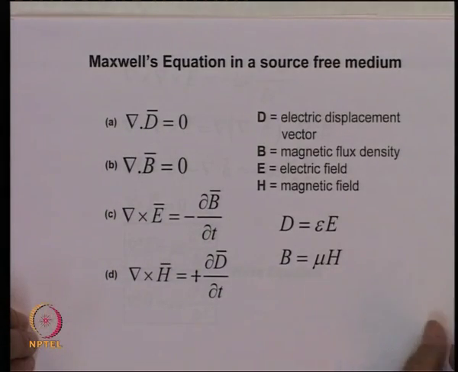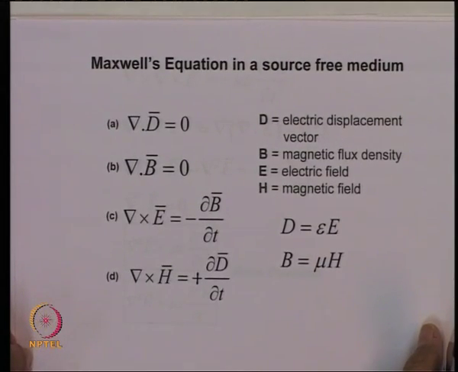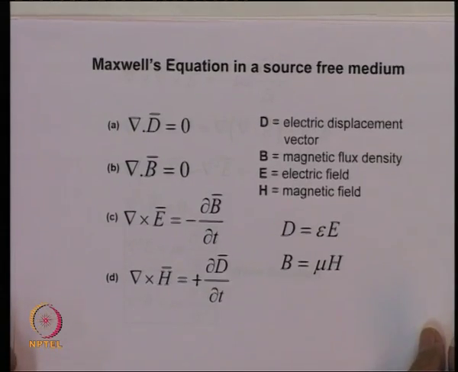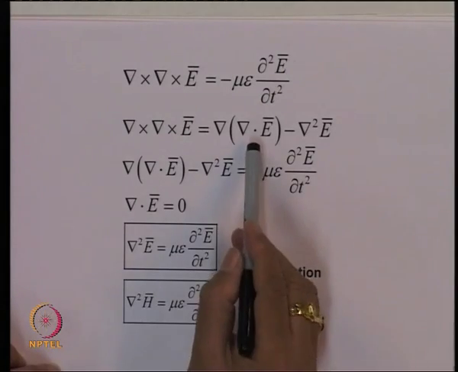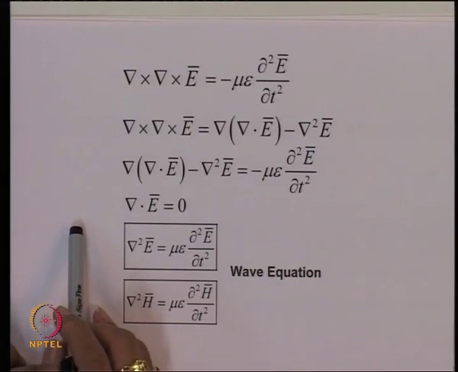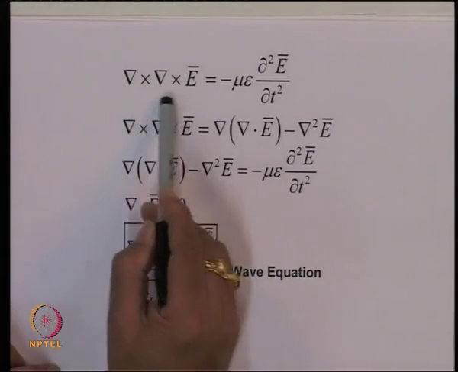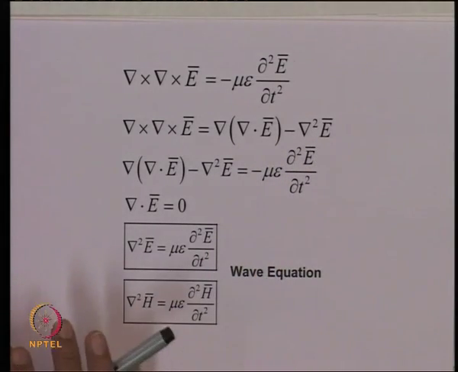So, for a homogeneous, source free medium, we get del dot E also equal to 0. If I substitute del dot E equal to 0, this quantity goes to 0, so del cross del cross E is nothing but minus del square E.